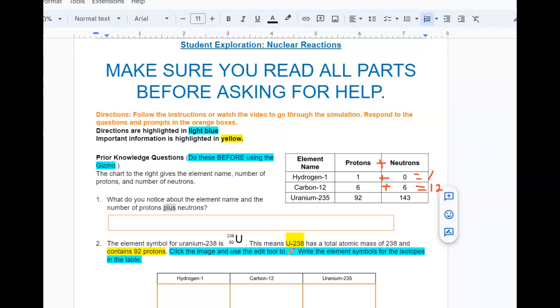And then finally, the number of protons plus the neutrons for uranium-235 equals, but you can predict it by now, 235. So our question asks, what do you notice about the element name and the number of protons plus neutrons? Write your answer here.